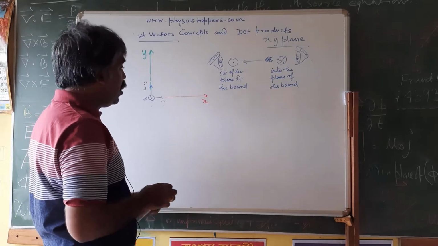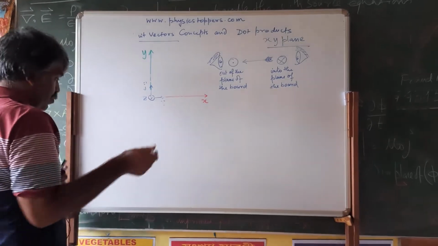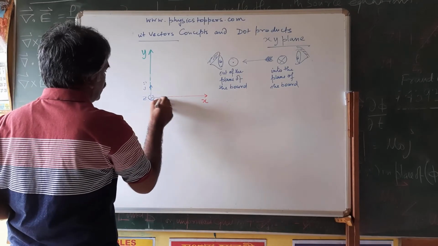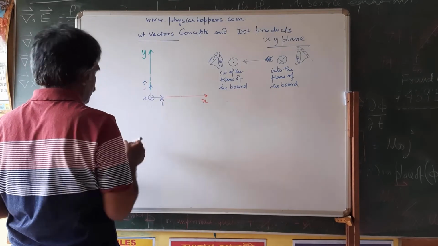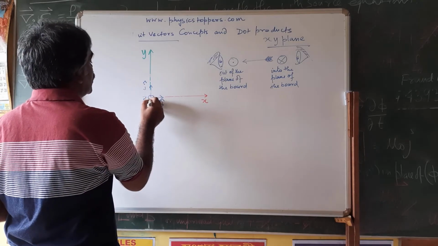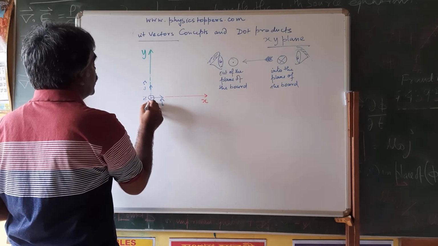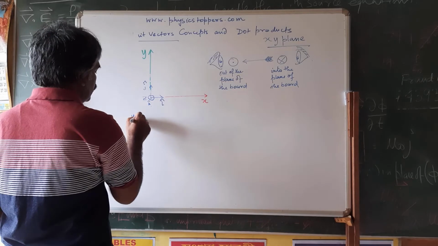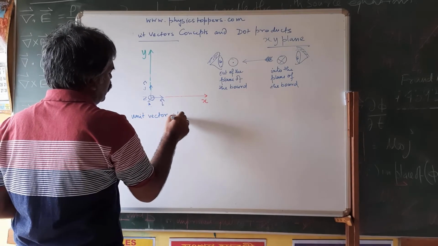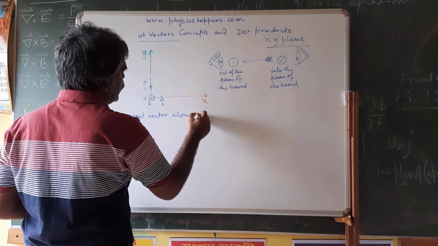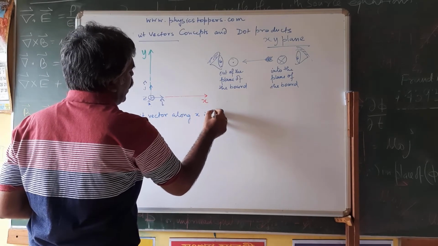So along x, the unit vector is i cap. One thing I must mention, the unit vector along z is k cap. So the unit vector along x is i cap.